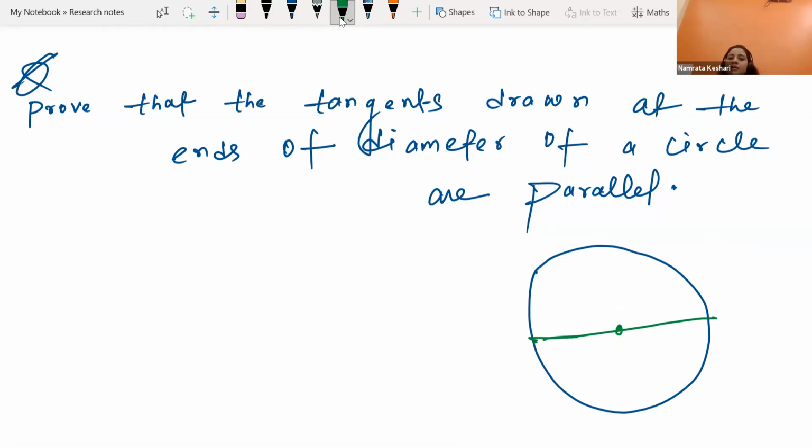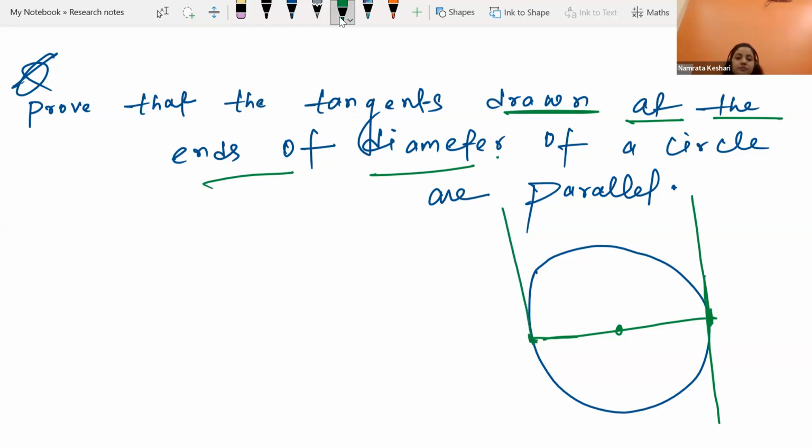Prove that the tangents drawn at the end points of the diameter are parallel. We have to prove that these two tangents, this line AB and this line CD, are parallel with each other.